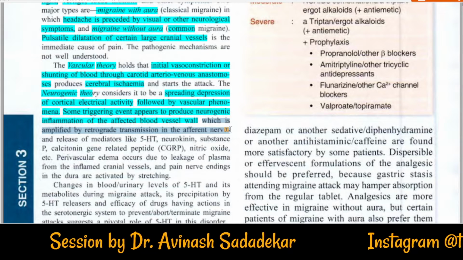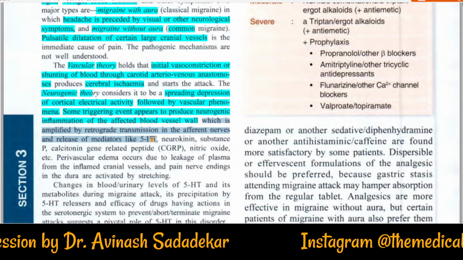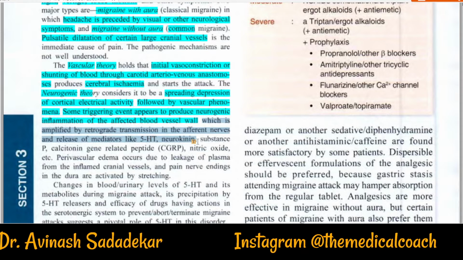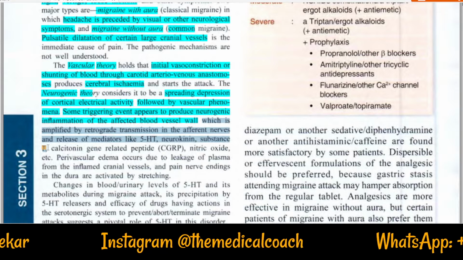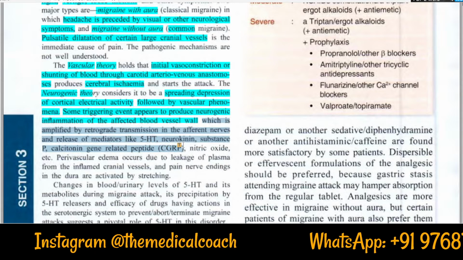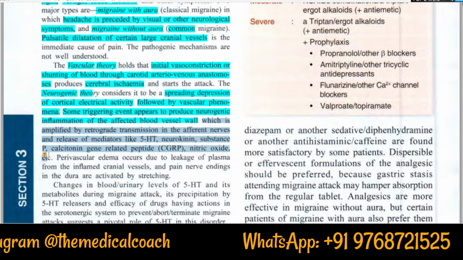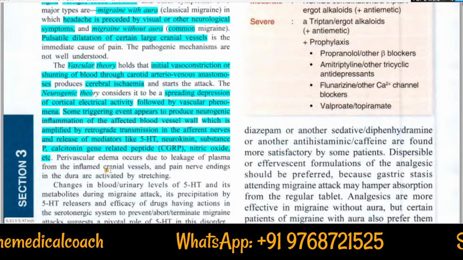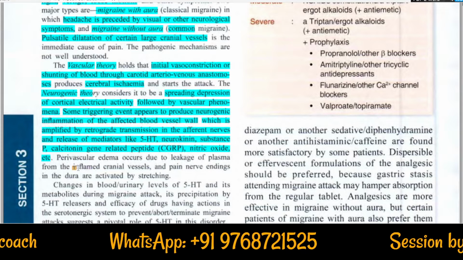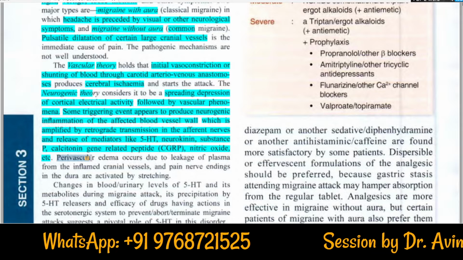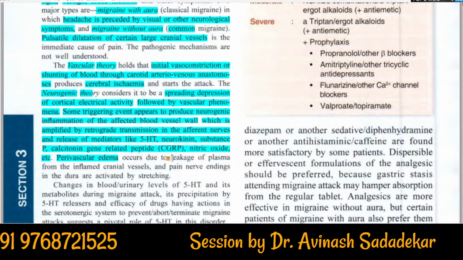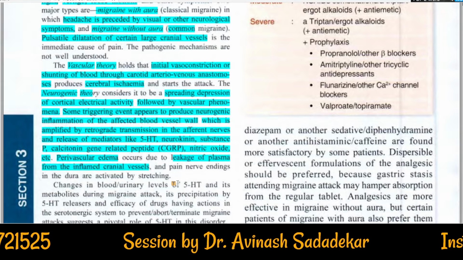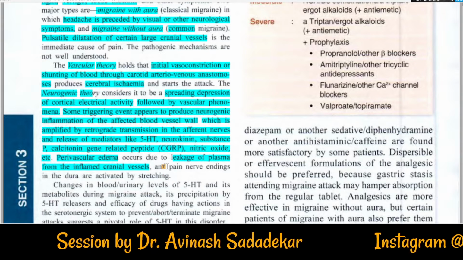Okay, and that releases mediators like serotonin, neurokinin, substance P. We also have CGRP, calcitonin gene related peptide, nitric oxide, and all these chemical mediators cause perivascular edema. Now, why will that happen? There's leakage of plasma from the inflamed cranial vessels and pain.